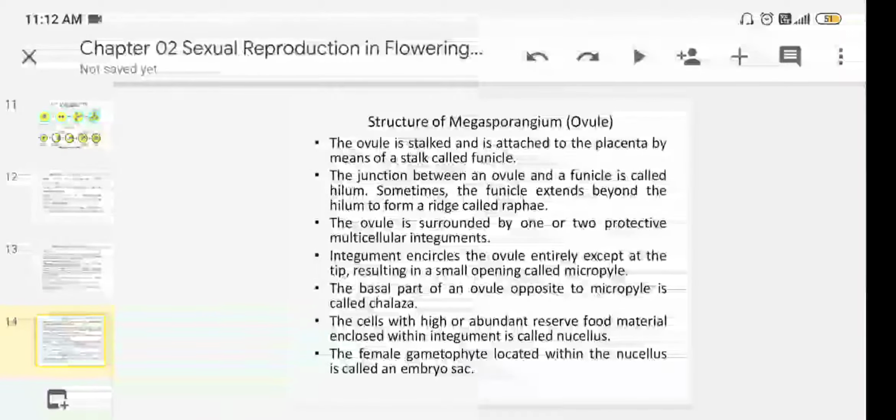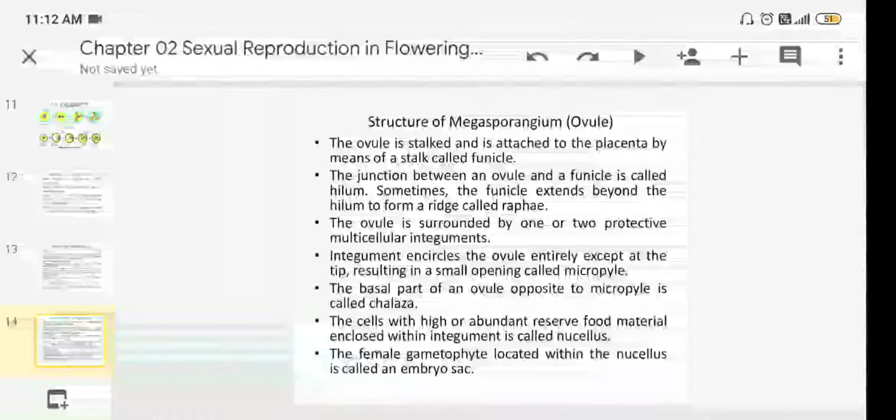Now, the structure of the megasporangium, which is commonly known as the ovule. The ovule is stalked and is attached to the placenta by means of a stalk called the funicle. The junction between the ovule and the funicle is called hilum. Sometimes the funicle extends beyond the hilum to form a ridge called raphe.